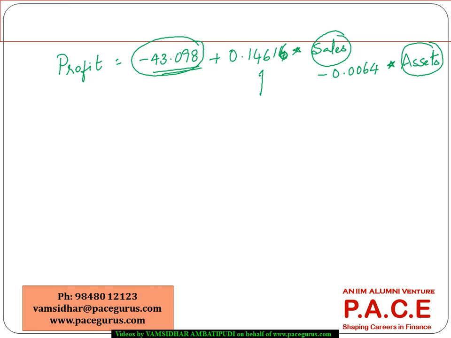And when I am looking at these two coefficients, which are typically B1 and B2, I call them the partial slope coefficients. In a simple linear regression model, we used to call them slope coefficients only. But in a multiple regression model, we call them partial slope coefficients.